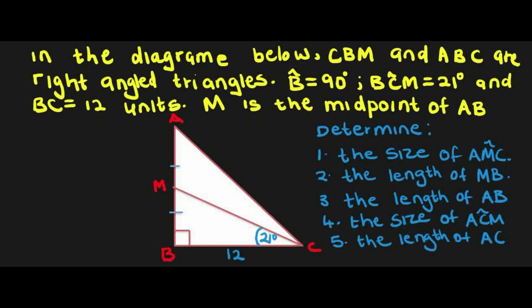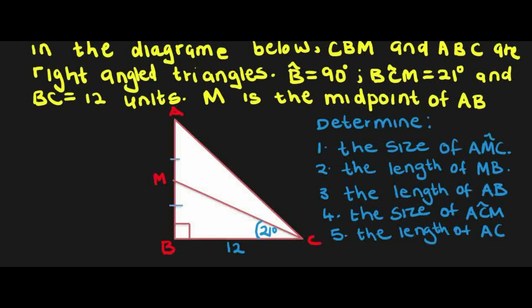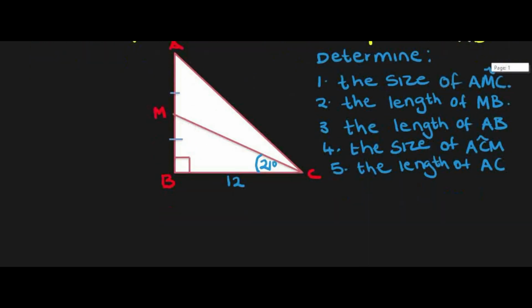Now we are required to determine number 1, the size of angle AMC, number 2, the length of MB, number 3, the length of AB, number 4, the size of angle ACM, number 5, the length of AC. Let us start now answering the questions that are being asked.